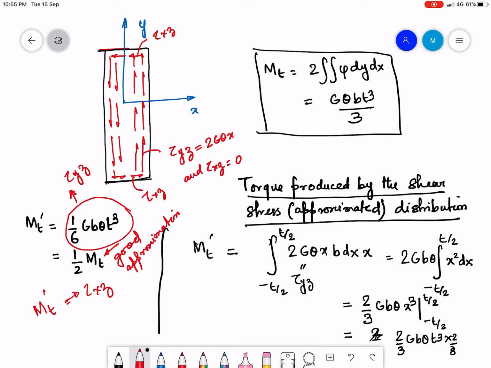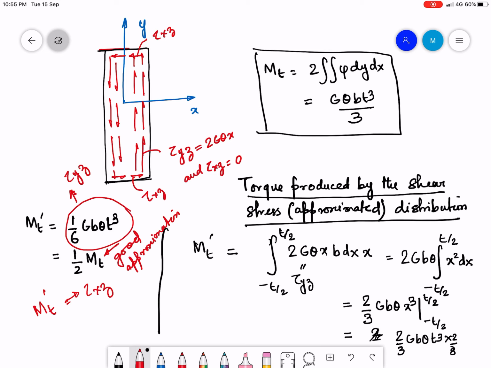Now, I should say that though we have neglected tau x z, it does not affect much in our engineering analysis. One, by using the stress function, we are getting the nearly accurate result of the torsional rigidity. We are getting the accurate distribution of tau y z, which is the prominent shear stress, and we are also getting the accurate value of the maximum shear stress.